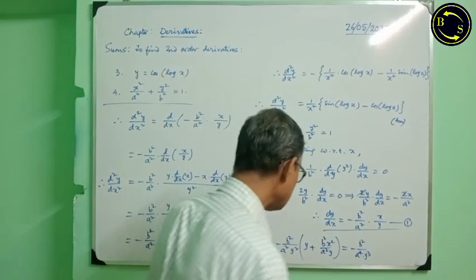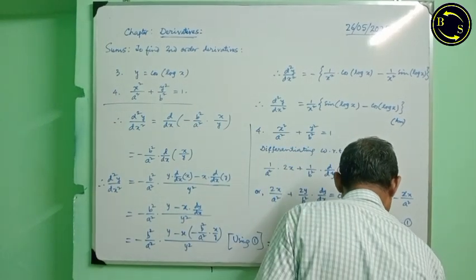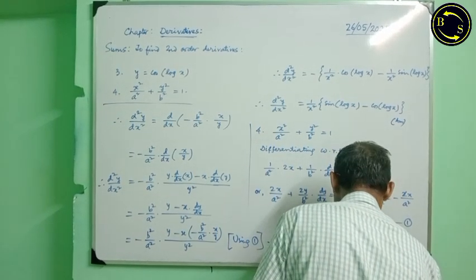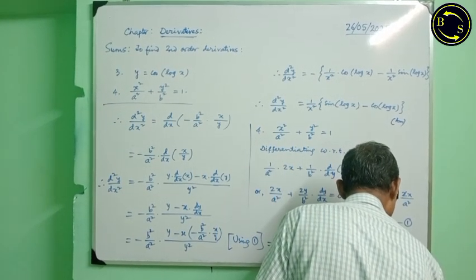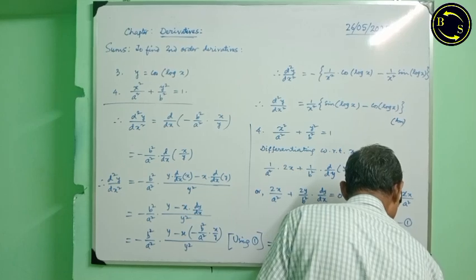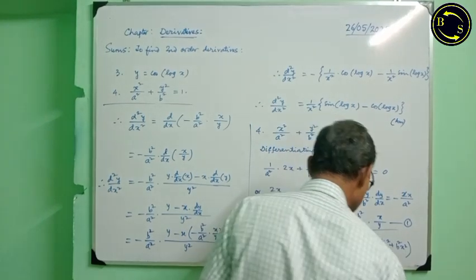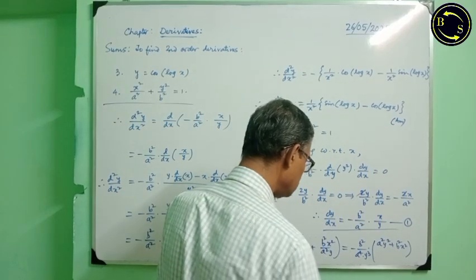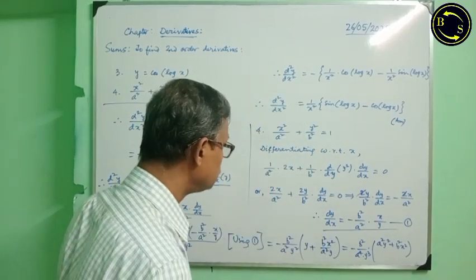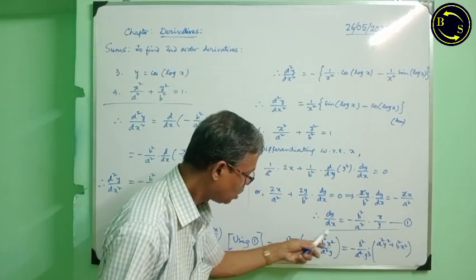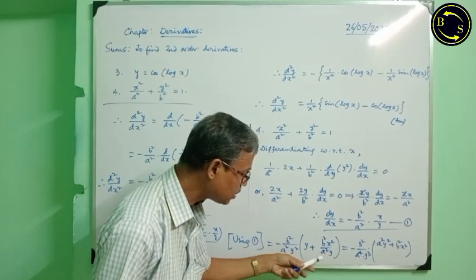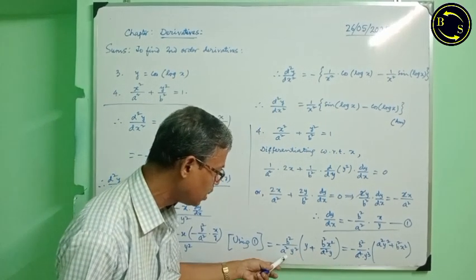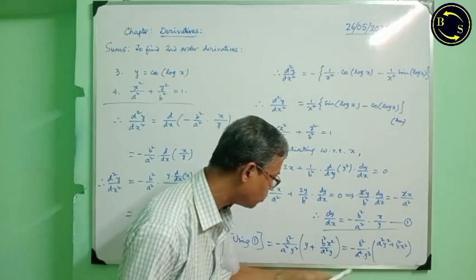I am simplifying. This expression is simplified. Denominator is a squared y, that is multiplied with it, that is why a to the power 4 y cubed.